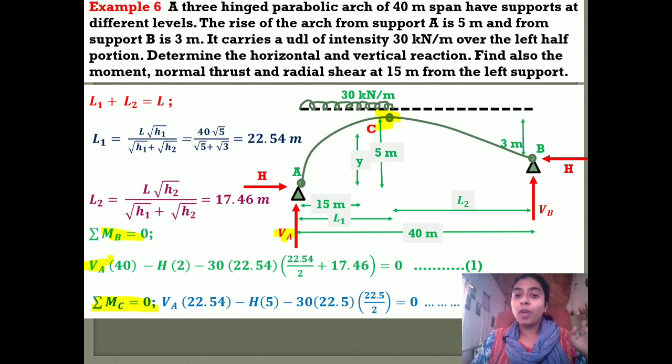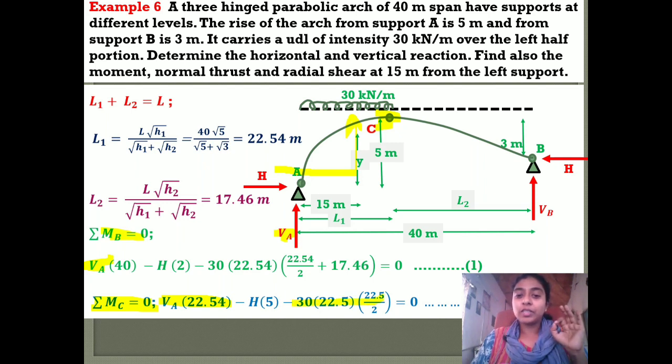So while considering the left of C, sigma MC is equal to 0, we have VA into L1. That is VA into L1, where L1 is 22.54. Left clockwise is positive. Now left anti-clockwise, H into the vertical distance, that is 5. So minus H into 5.